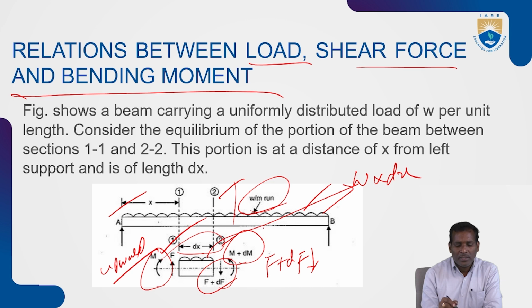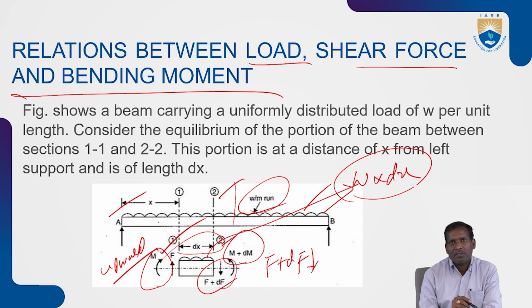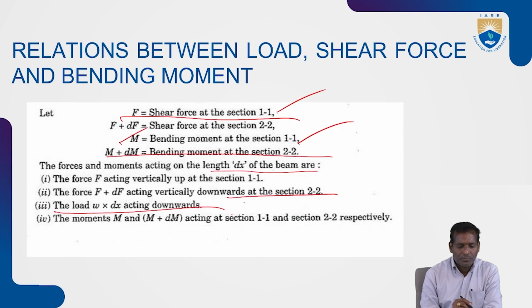So total at section x, the distance x, at section 1-1 is W into x. But taking a small portion, that is W into dx. So that is the load on the portion of the beam between 1 and 2.